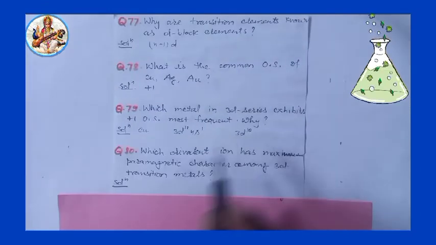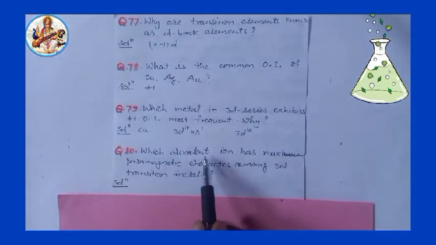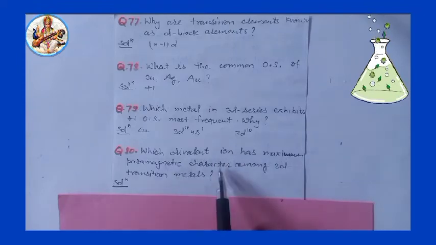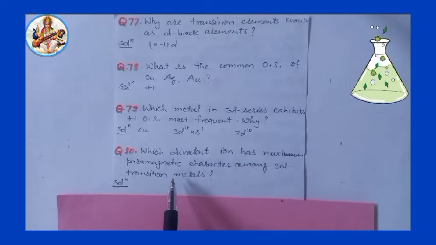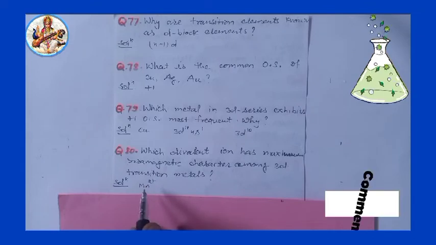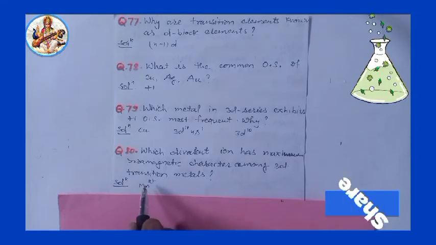Very important. Next, 80. Which divalent ion has maximum paramagnetic character among 3d transition metals? The answer will be, important question, manganese 2+. It has 5 unpaired electrons.